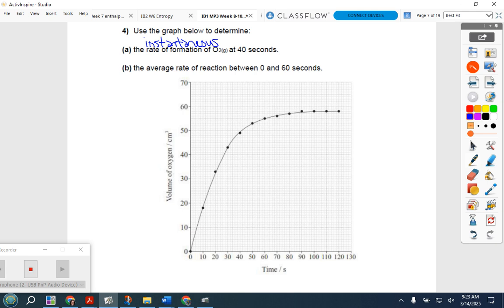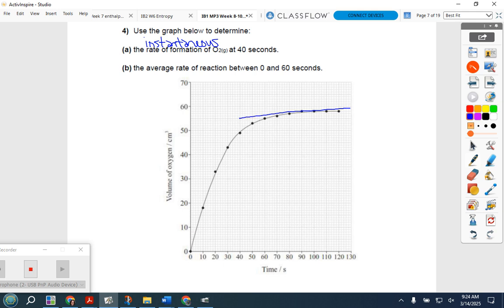So guys, the tangent line for the instantaneous rate is going to be a straight line that touches the curve at that point. That's what a tangent is. So if I was drawing a tangent line at 90 seconds, again, I can't do it well on the board, but it would be something like that. That's actually a terrible line. Let me try it again.